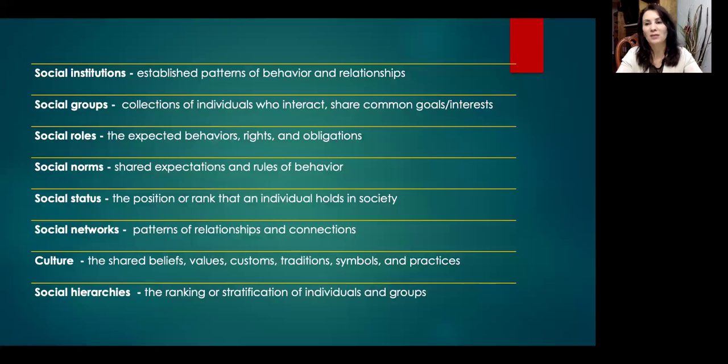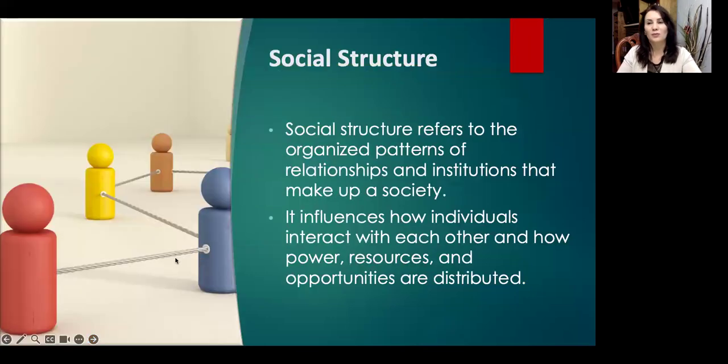There can be many different kinds of hierarchies in society, also based on race, gender, and sex. These also create certain forms of class hierarchy in society. These all are very important parts of social structure.